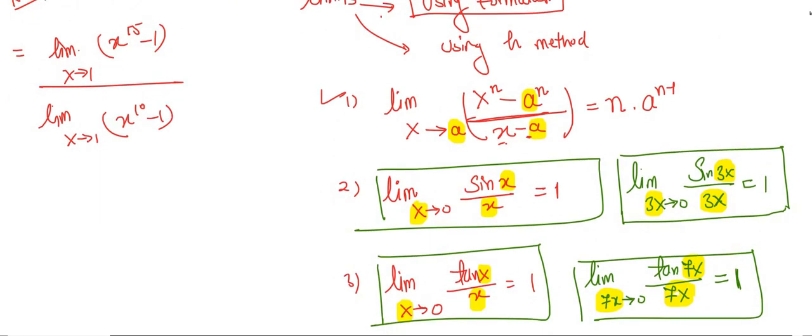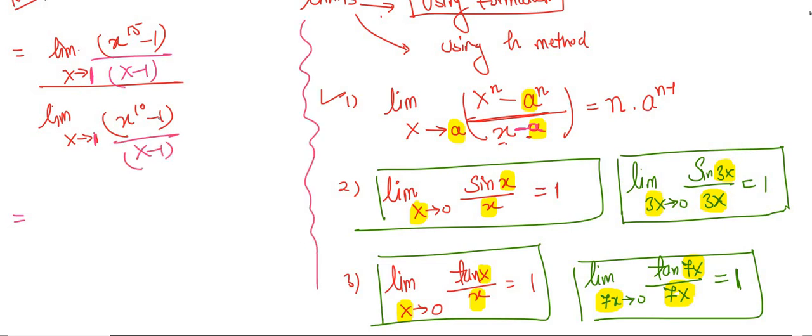Limit goes to both. Now we need x minus a. What is a here? It is 1. So can I divide x minus 1 up and down both sides? It will not make much difference. We can divide it. Now here it is a raised to power n. If I compare, n here is 15 and here n is 10.